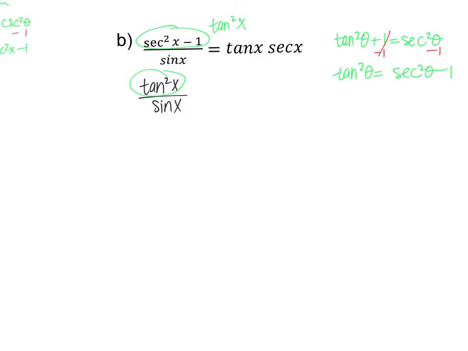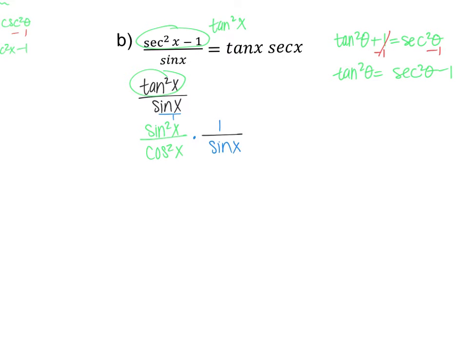So like what I did before, I'm going to try to write tangent in terms of sine and cosine. So that would be sine squared over cosine squared. I need to square them because this is a tangent squared. And then what I'm going to do is take the sine that's here. And remember, that sine is technically over 1. And so I need to flip it because I'm dividing by sine. So this is going to be 1 over sine.